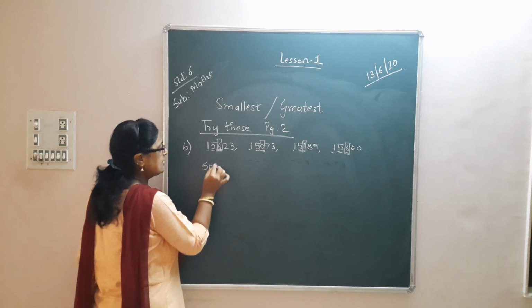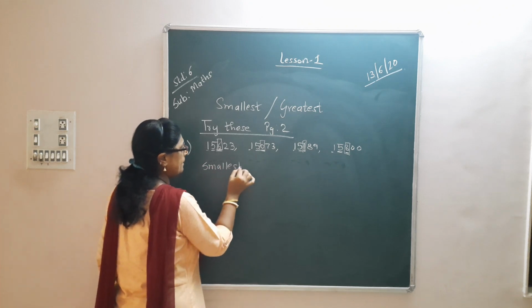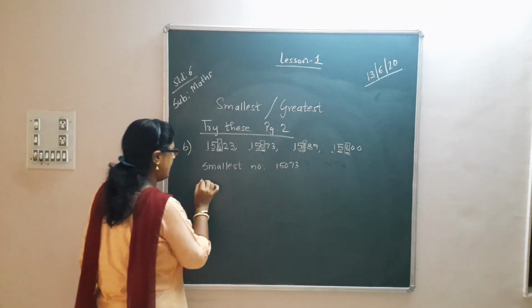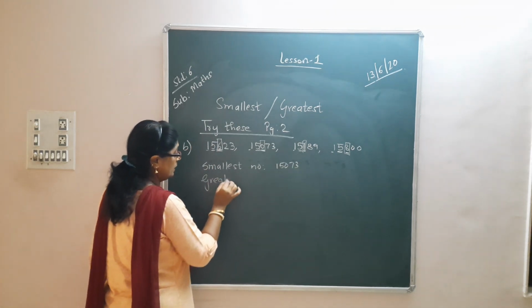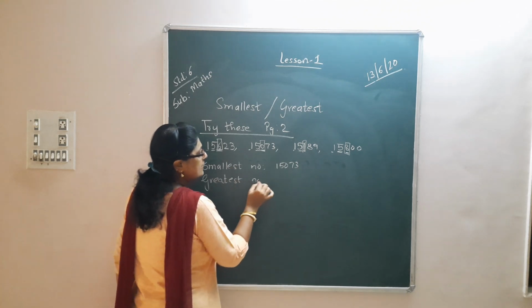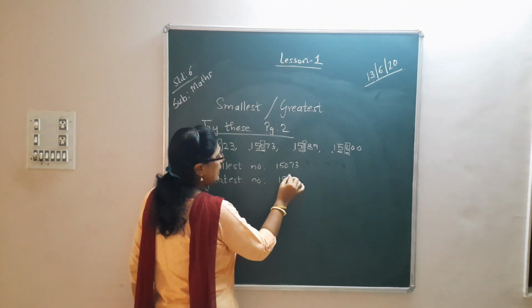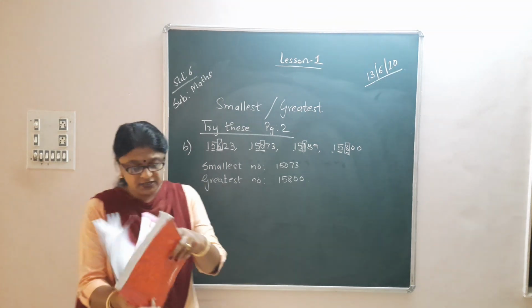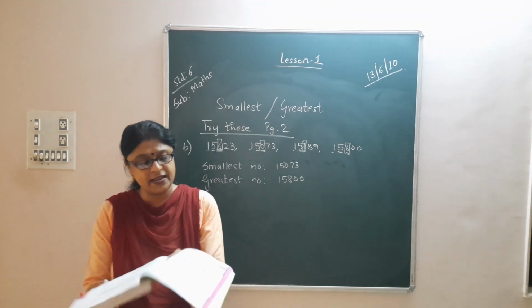So the smallest number is 15073 and greatest number is 15800. Understood?